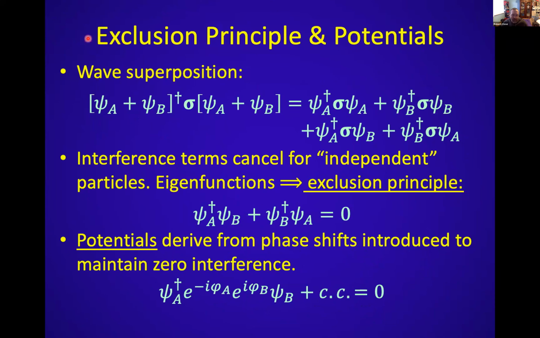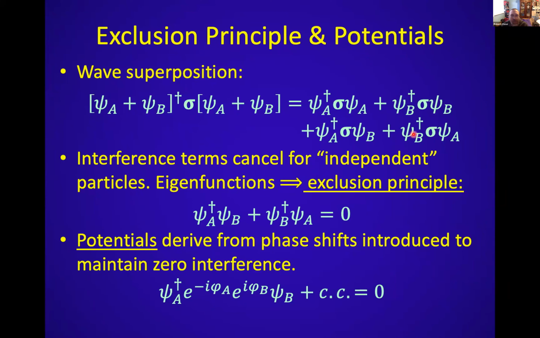Okay, so assuming that you can come up with solutions, which is more what other people have been talking about today, assuming you come up with solutions, you want to treat them as independent particles. So if you add the wave functions together and then calculate the spin density, you get the individual spin densities plus you get these interference terms.